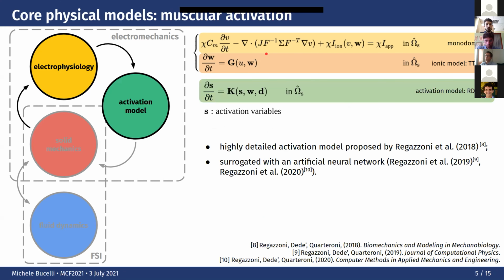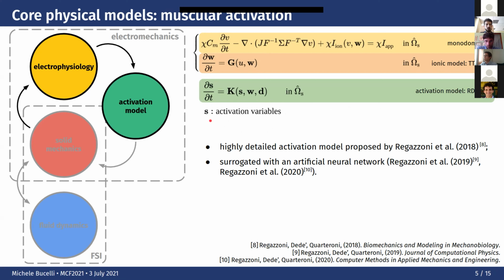The next step is what we call the activation model, which is a model that takes in input, again, the muscle deformation, d, and the ionic variables, and provides as an output this vector of state variables that represent at every point in the solid domain, omega S, the state of contraction of the muscle.